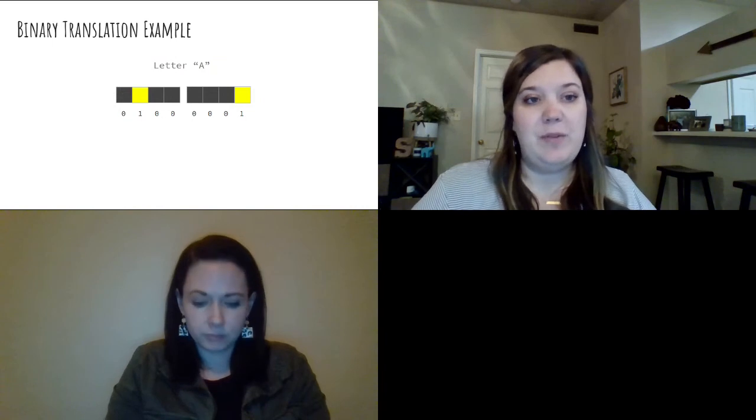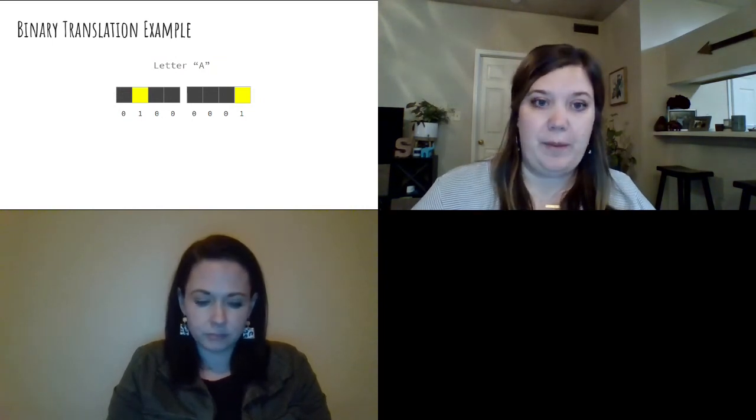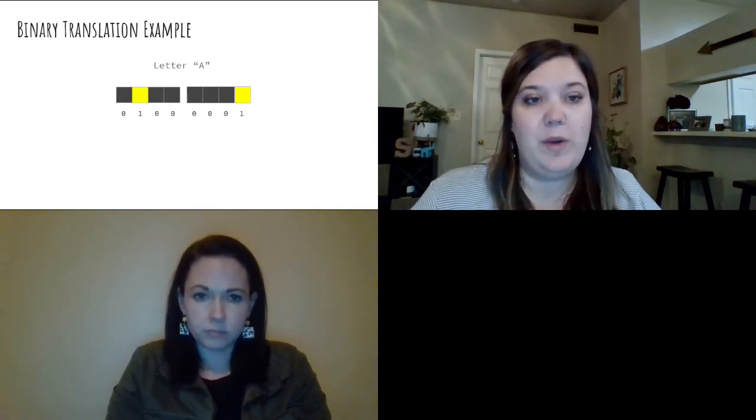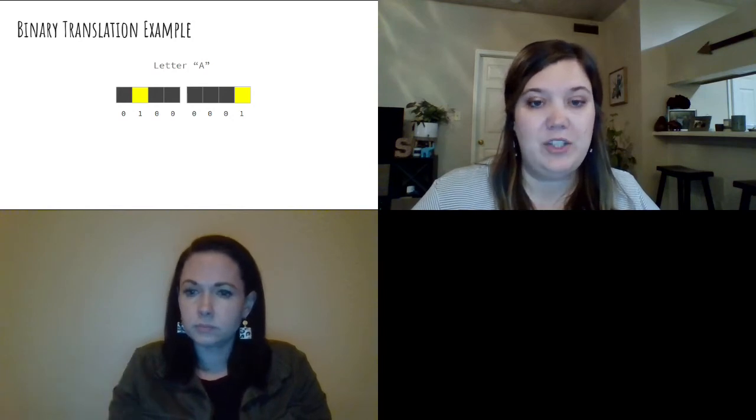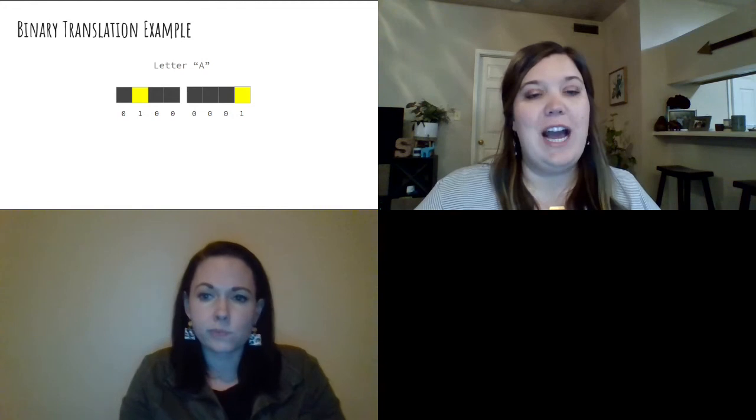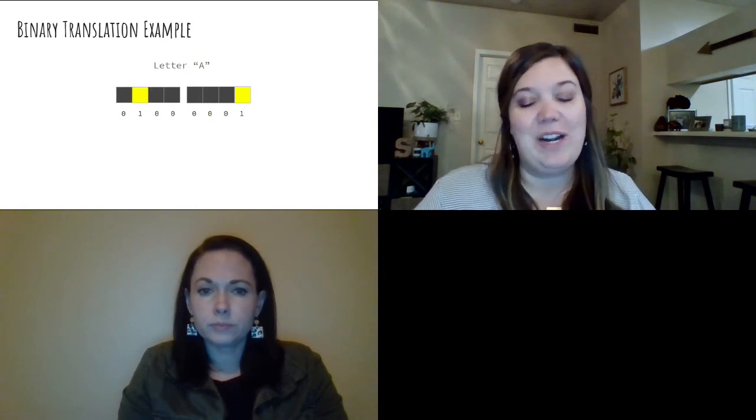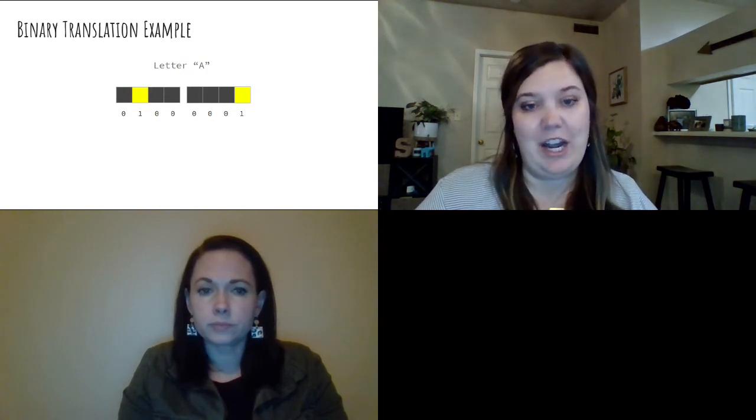The next thing I would do with my students is practice a little bit with them. So Kristin is going to put a link in the chat to a binary decoder key. And so you can maybe jog your students' interest and talk about how we're going to create a secret code using binary. They're going to get the key, but it's really just each letter already translated in that binary code.